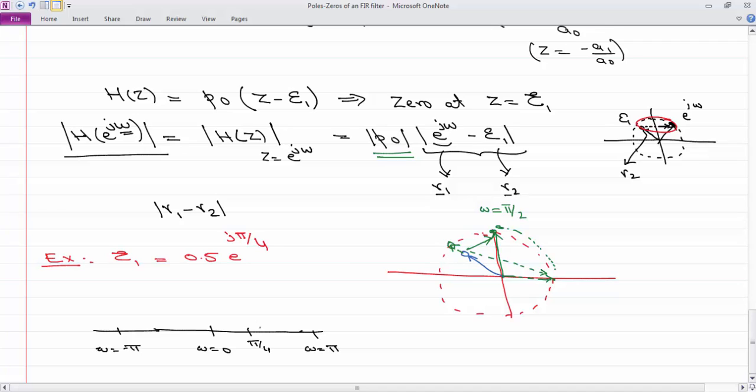The closer you are to the direction of the 0, the smaller your magnitude response will be. You cannot draw it exactly, but you have a sense that your magnitude response will look something like this.